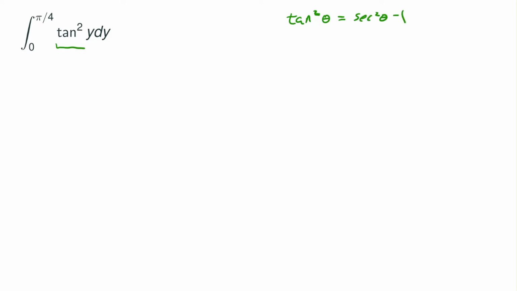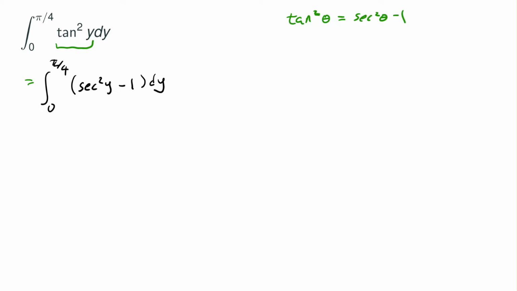Therefore, instead of finding the antiderivative of tangent square y, we can rewrite this as the integral of secant square y minus 1 with respect to dy.